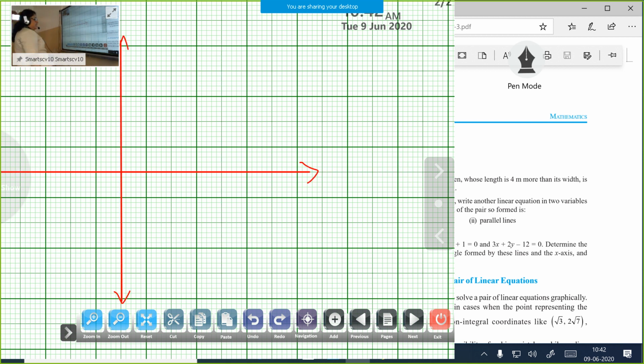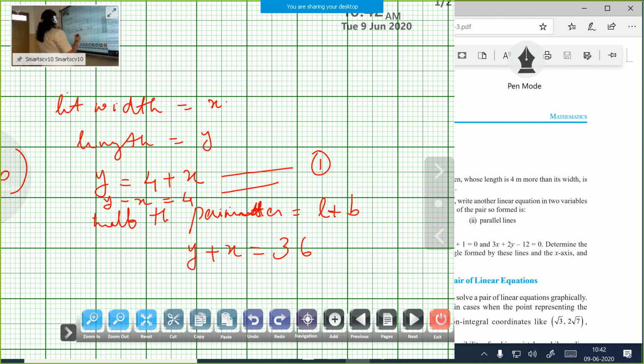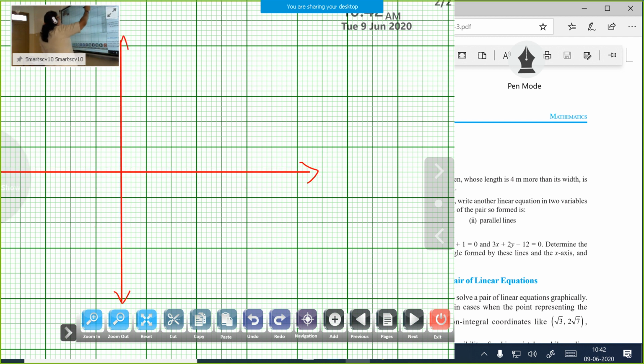Okay. Our first equation is y equal to 4 plus x. Take the coordinates, x, y.